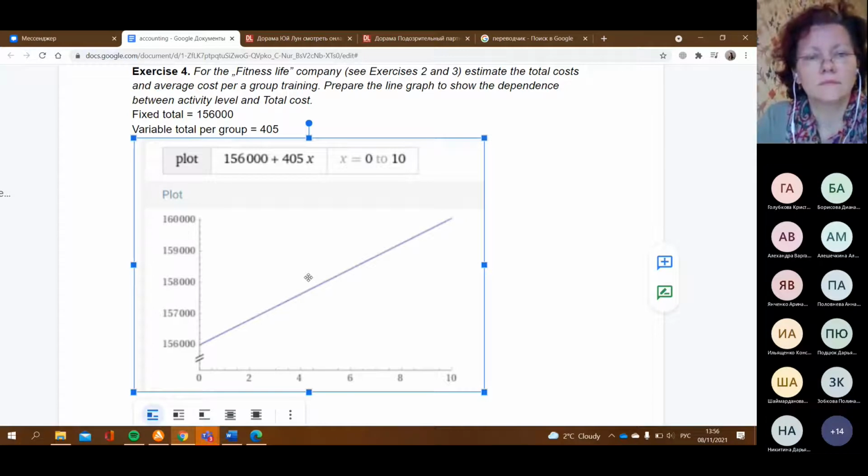So here's the graph, and this is the result of this exercise. So this exercise classified the graph to show the dependence between activity level and total cost. So it's okay. Thank you.